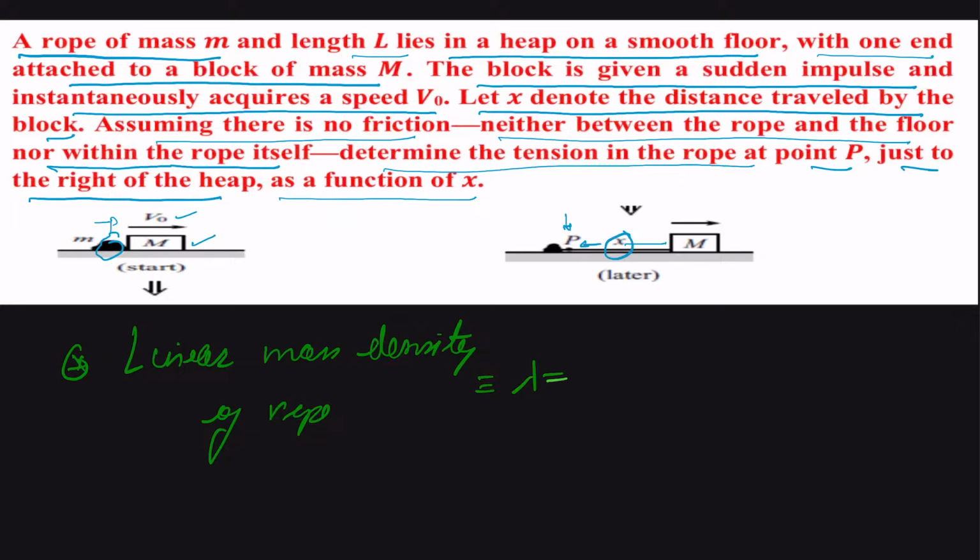Let us suppose lambda is equal to the total mass m over the total length L. It is given that the distance moved with the mass is x and the length of the rope is also x, because the block has moved a distance x and the length of the rope is also x.